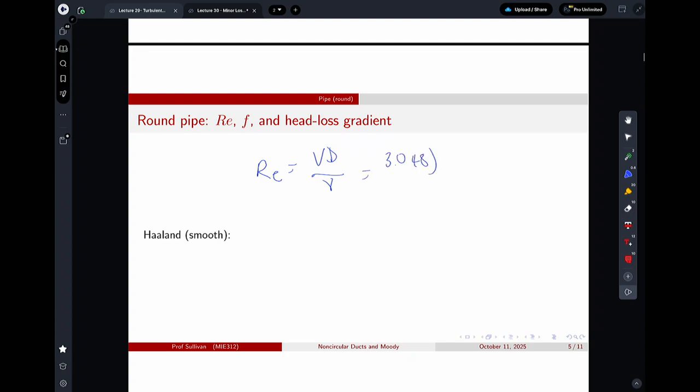So for the incoming flow, you end up with 3.5 times 10 to the 4th, so 35,000. So again, you know that's a turbulent number, and if you know it's a turbulent number, then you can start to use Moody diagrams. It's also smooth.